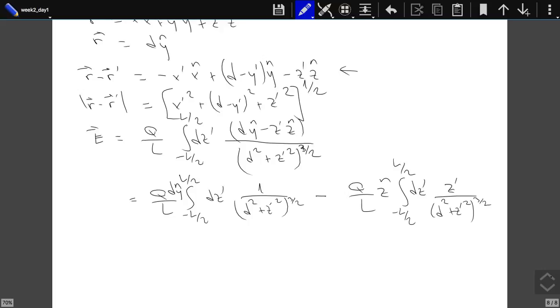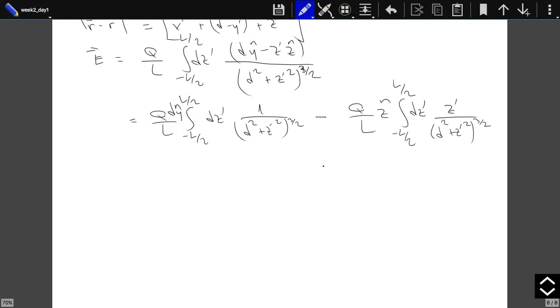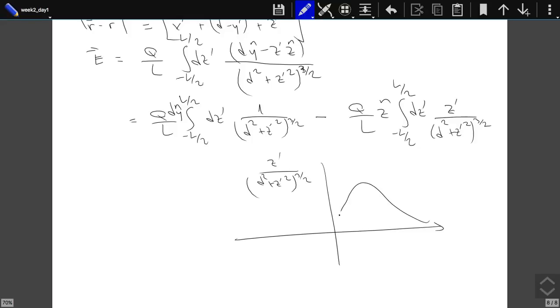In any case, you have to evaluate this integral. You cannot avoid it. But if you look at this function, this function is what we call an odd function. So if you just plot that function, let's say, this is z prime over d squared plus z prime squared to the power 3 halves.